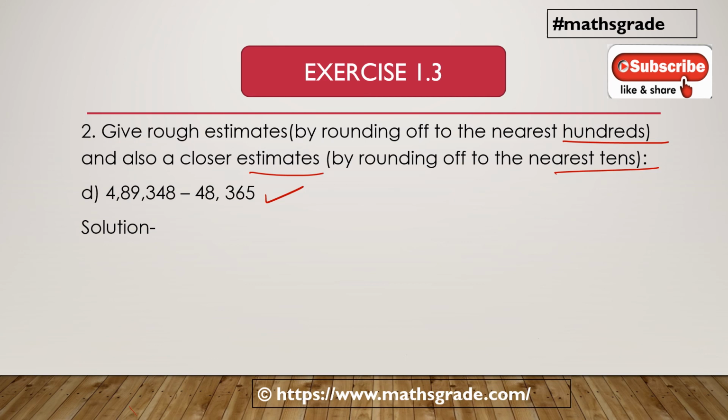Now estimating this difference, 4,89,348 rounded to the nearest 10, we got 4,89,350, minus 48,365 rounded to the nearest 10, we got 48,370.